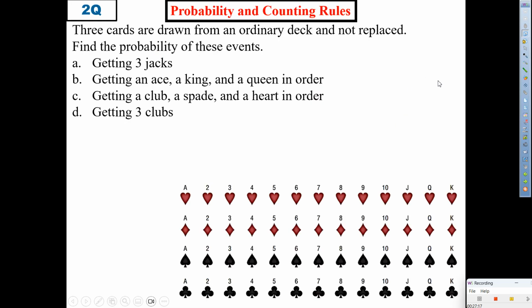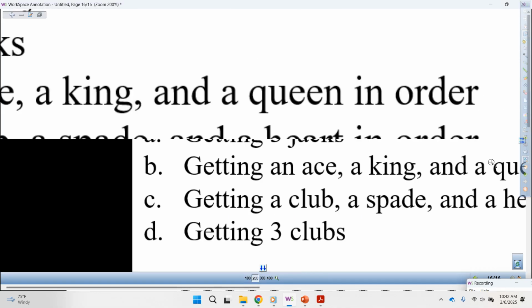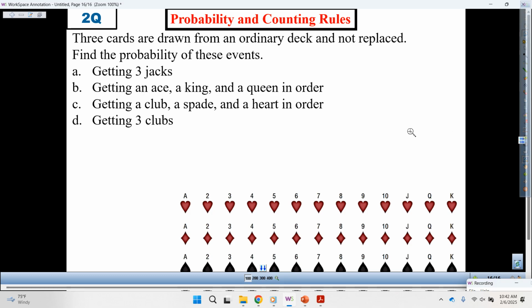All right? Here we go. And it reads, hold on, don't copy this. Let me read it out first. And it reads, 3 cards are drawn from an ordinary deck and what? Not replaced. Tell your neighbor what that means.